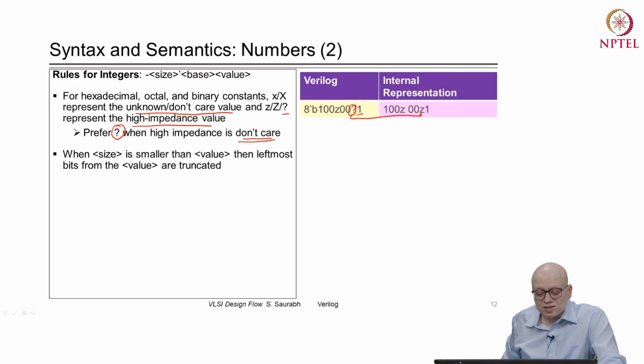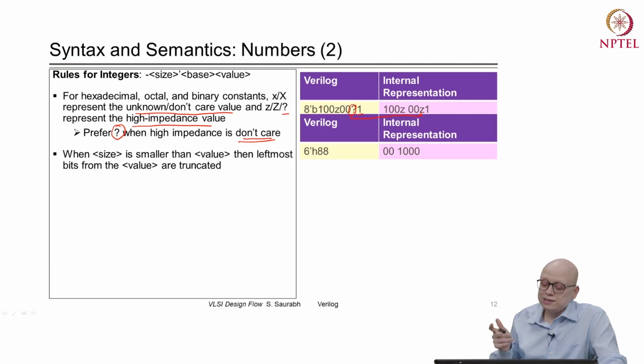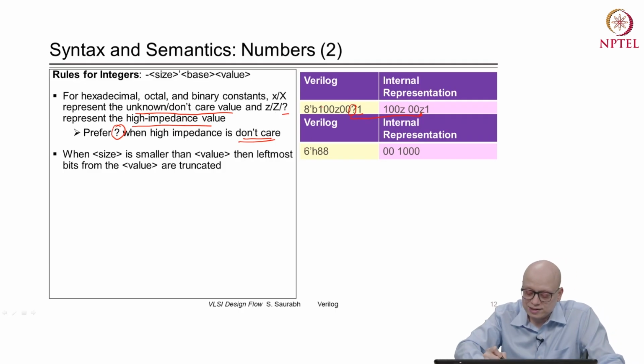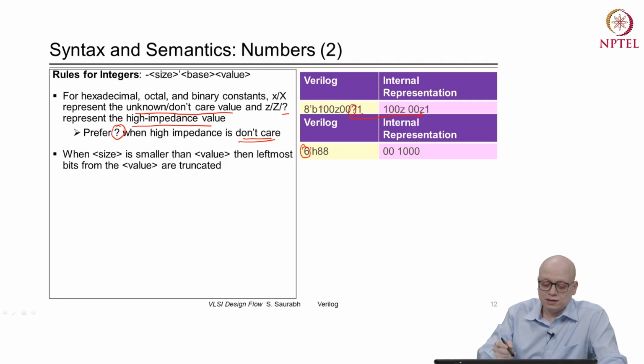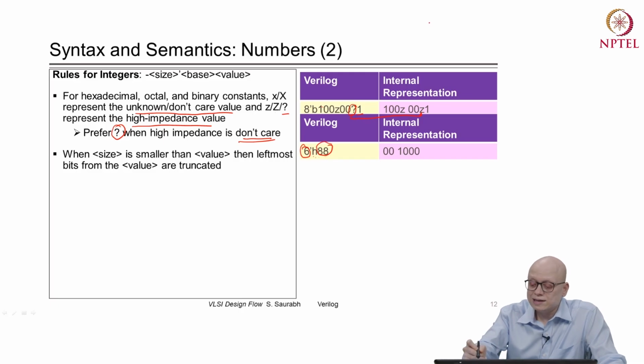Now, when the size is smaller than the value, then the leftmost bits from the value are truncated. What it means is that suppose we give a size, say 6, which is smaller than the value it has. The value here is in hexadecimal, and we are writing 88. In hexadecimal, 8 in binary is 1000 for the first 8 and then 1000 for the next 8.